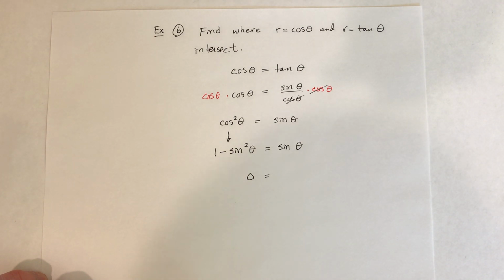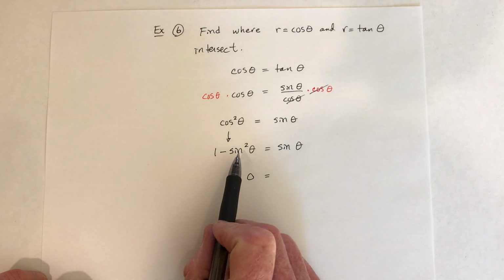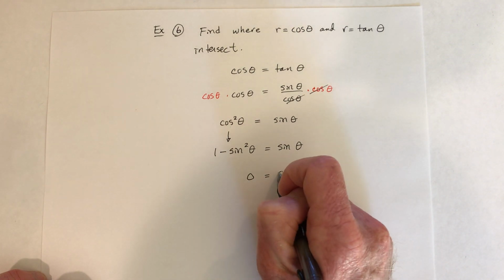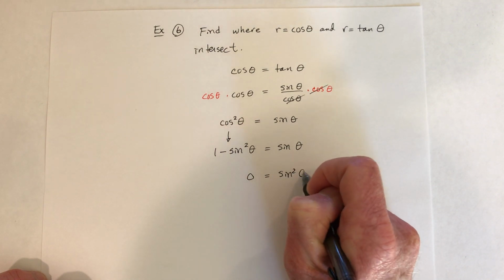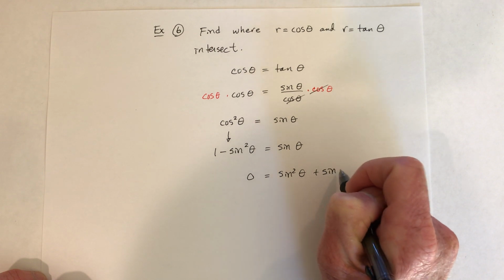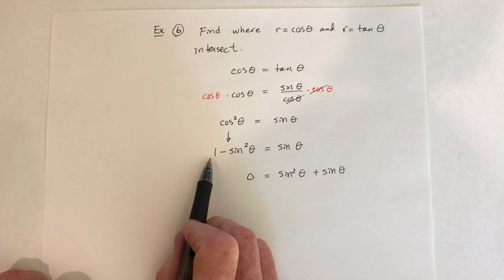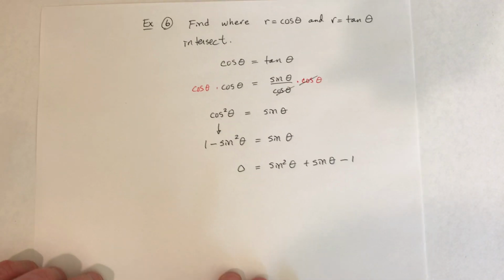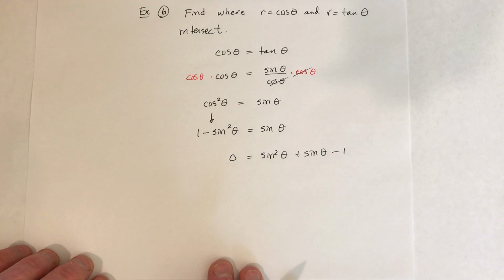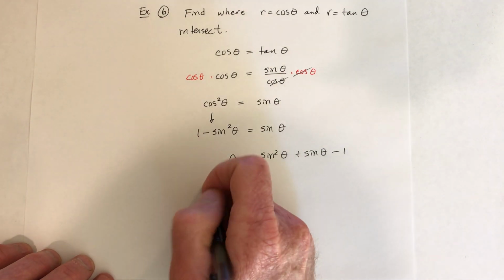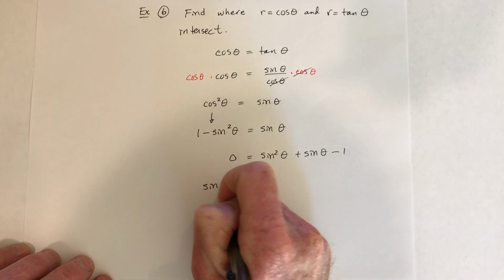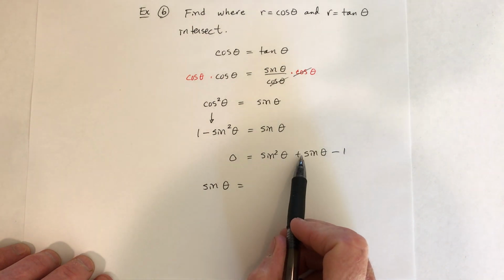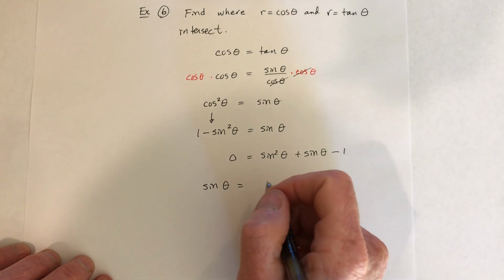So move everything to one side and set it equal to 0. I'm going to take everything and move it to the right side. So when you move this, it's going to become a positive sine squared, and then plus sine theta. And then we need to subtract 1 from both sides. Next up, we get to do the quadratic formula. So sine of theta equals, and then a is 1, b is 1, and c is -1.